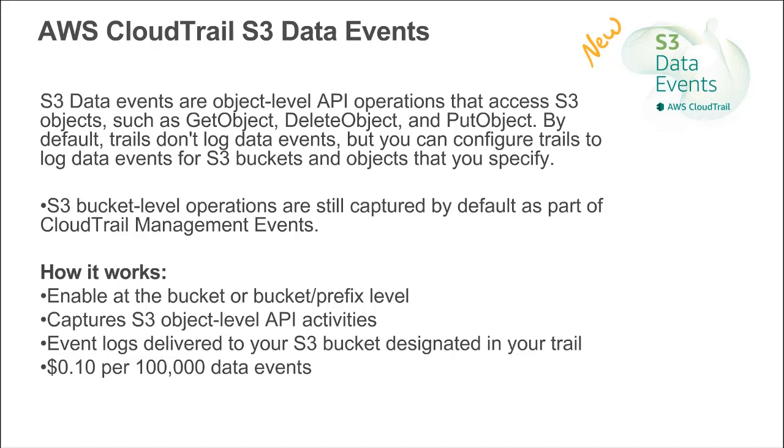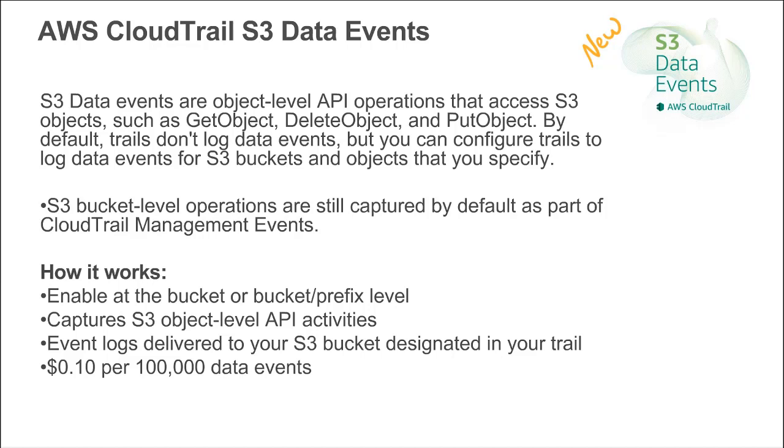These events are different from management events, which are captured by default. So, for example, S3 bucket level operations are still available in your CloudTrail management events, whereas your object level operations can be captured through data events.